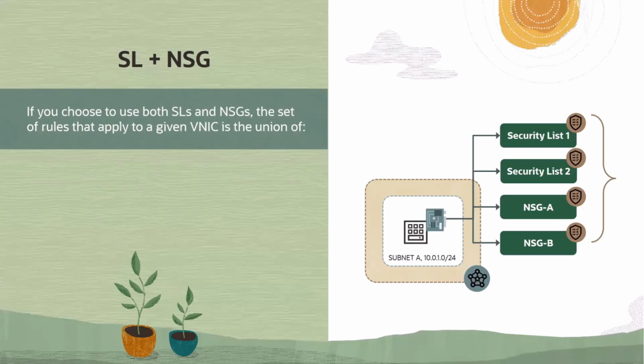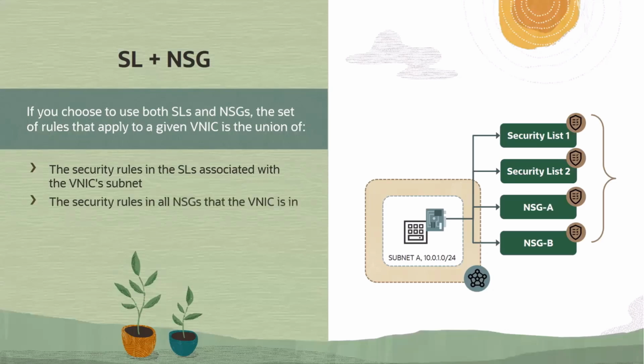So ultimately, the result is the union. So when you have both security list and network security group applied, then it's the union of all the security rules that you have defined in the security list associated with the subnet, along with all the ingress and egress rules that you have configured in NSGs that is associated with the VNIC.